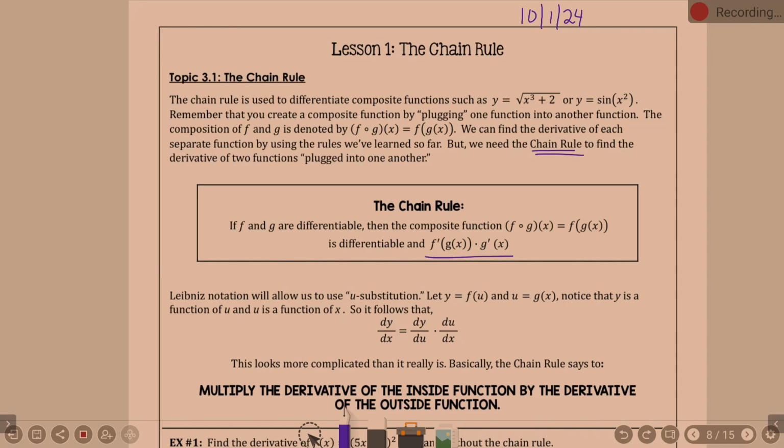It's just another way to say it. I'll be honest, we don't use that notation as much, at least not for showing this. Basically, multiply the derivative of the inside function by the derivative of the outside function. And so we're going to talk about this.